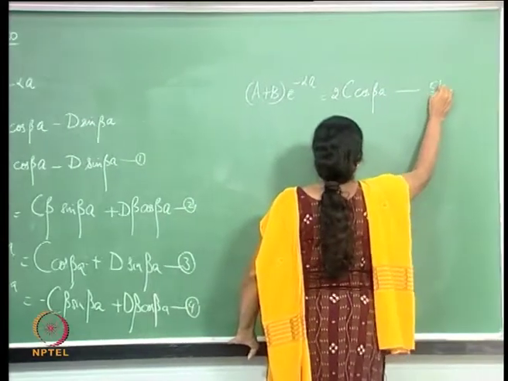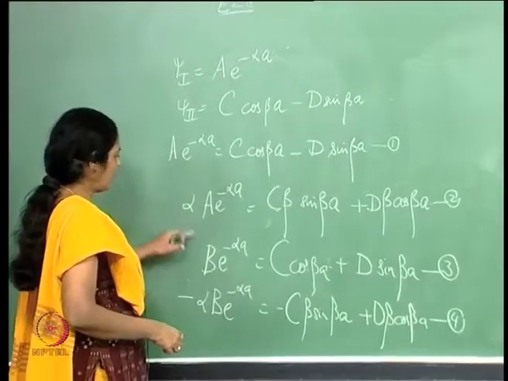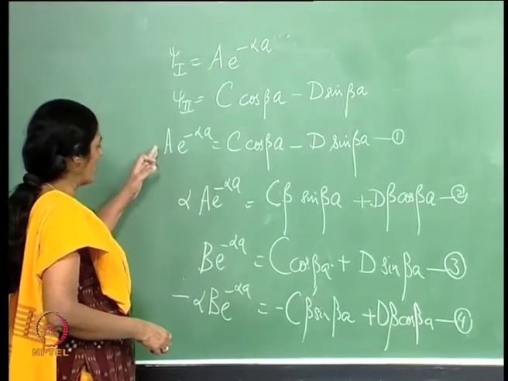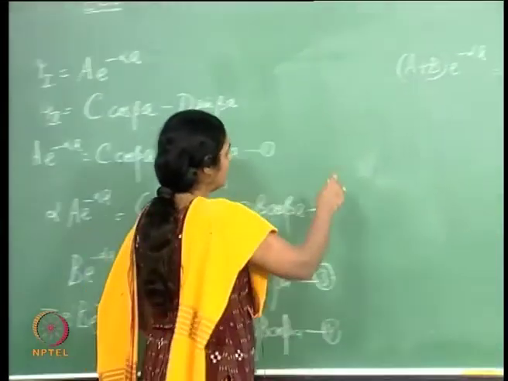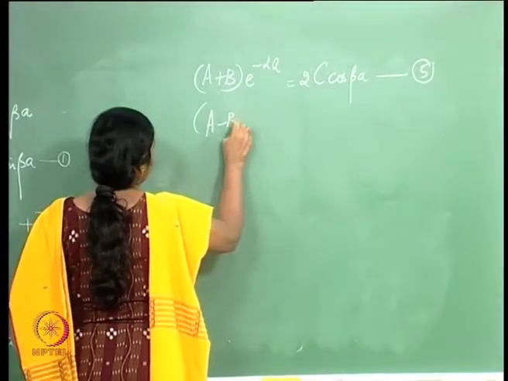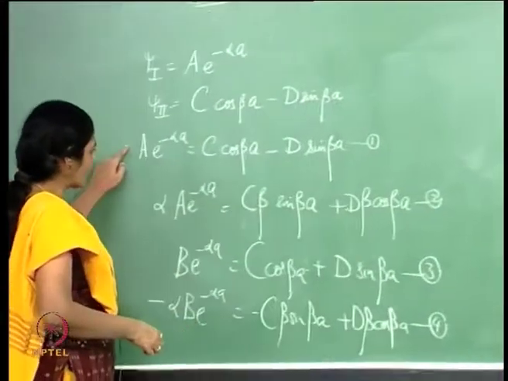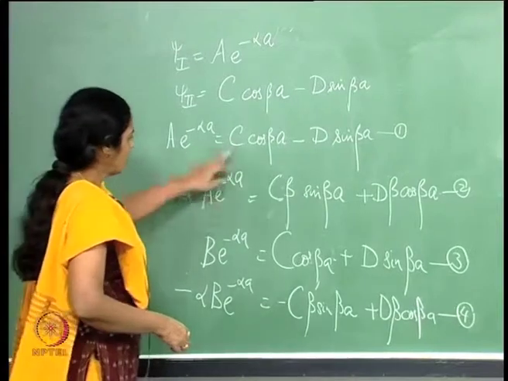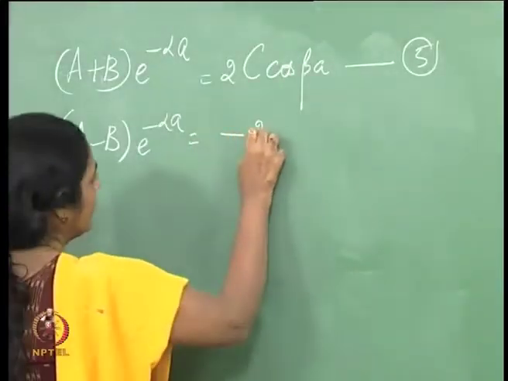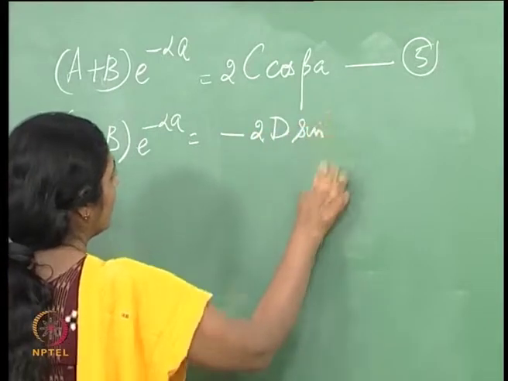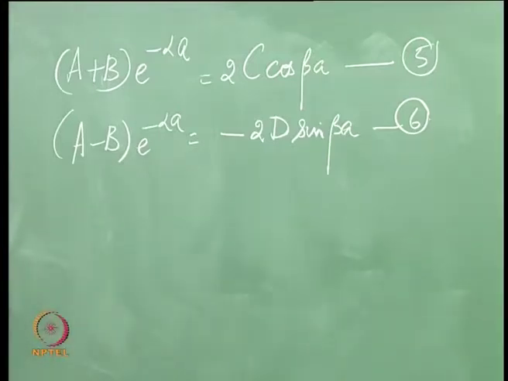I'll call this equation 5. I can subtract one from the other. So I have A minus B e to the minus alpha a, subtracting 3 from 1, so I get minus 2D sin beta a. So that is 6.